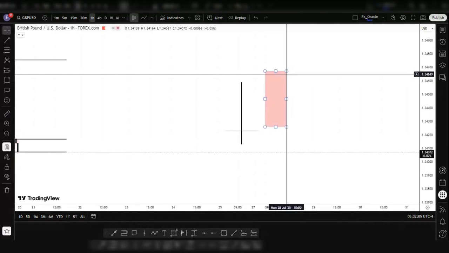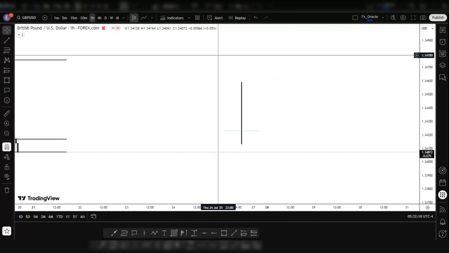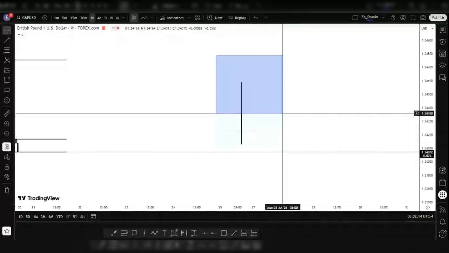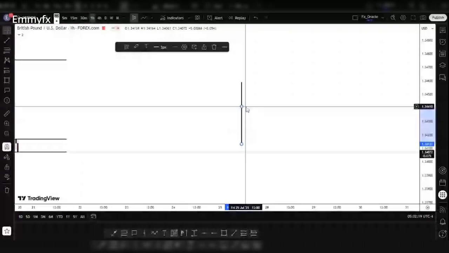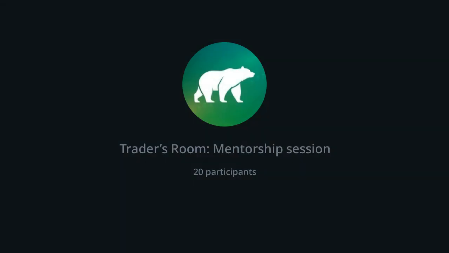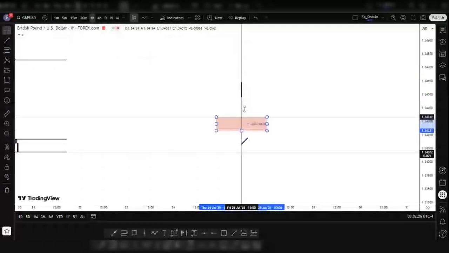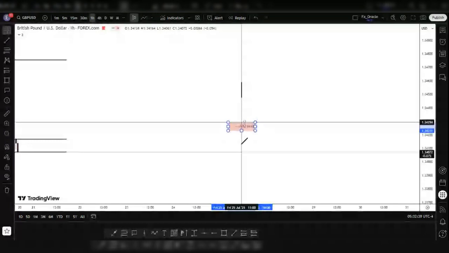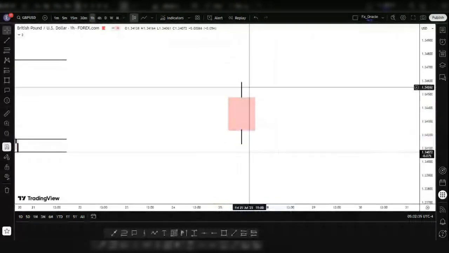But the main thing for you to focus on for now as a beginner are the momentum candle and your reversal candle. Now, what do I mean by that? Let's start again. Like I said earlier on, the momentum candle should always be the one that gives you the direction.